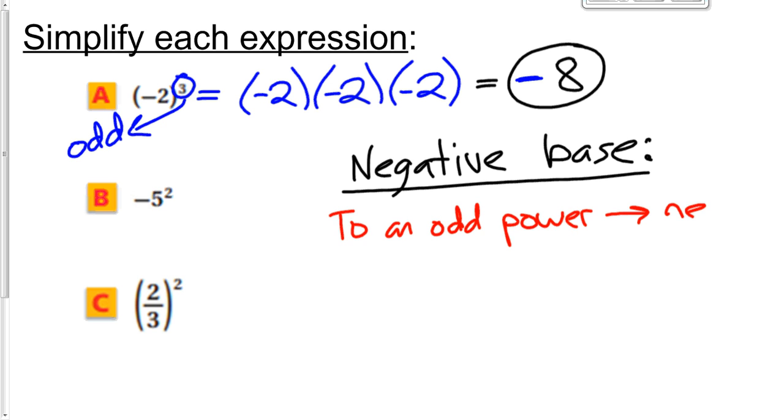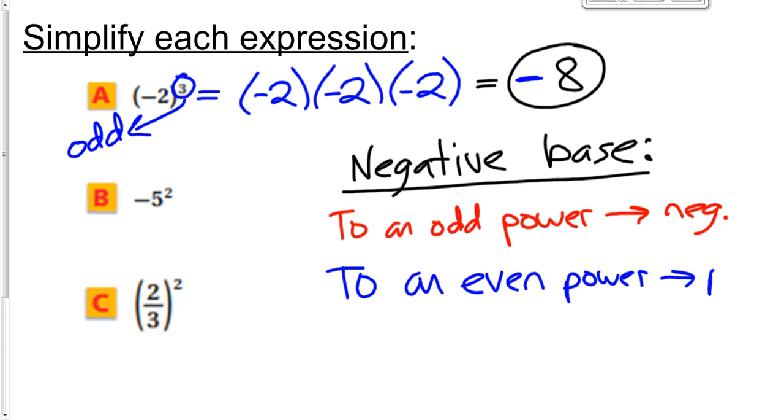To an even power, we'll get a positive answer. So that might be something worth writing down. It can save you a lot of time. So a negative base to an odd power will give you a negative answer, just like we've proven, and a negative base to an even power will give you a positive answer.